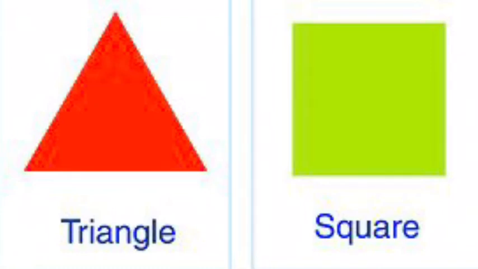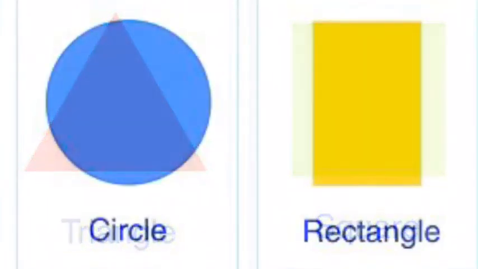Our triangle has 3 sides. Good job. Okay, now looking at our green square, let's count the sides. We have 1, 2, 3, 4 sides. Excellent job.